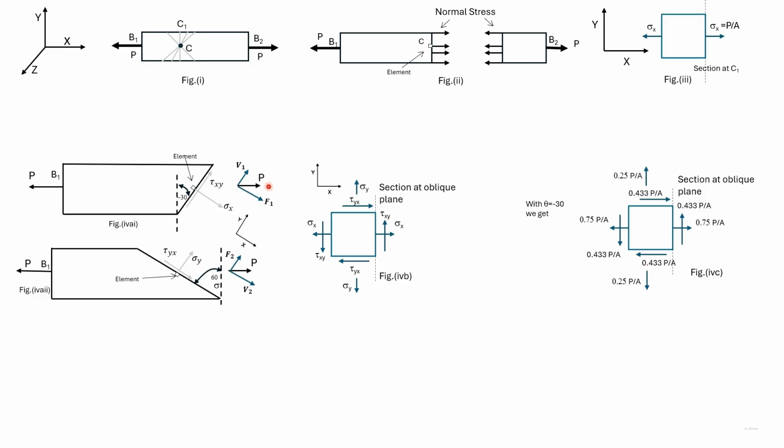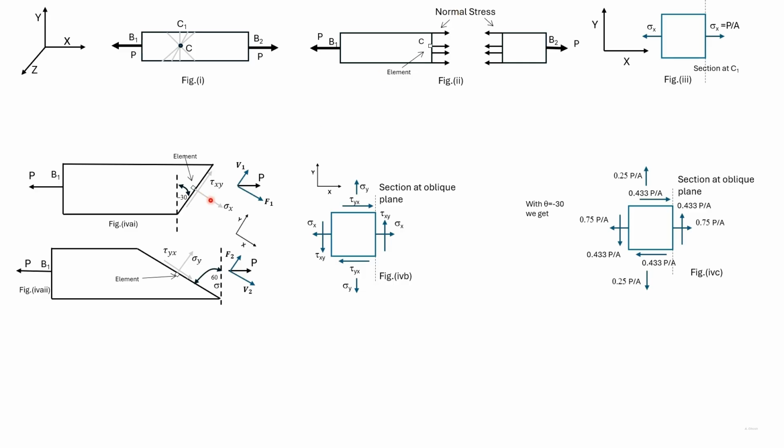We can resolve this force P into F1 perpendicular to the section and V1 parallel to the section. F1 divided by the area of this inclined section gives sigma x, and V1 divided by the area of this inclined section gives tau xy.